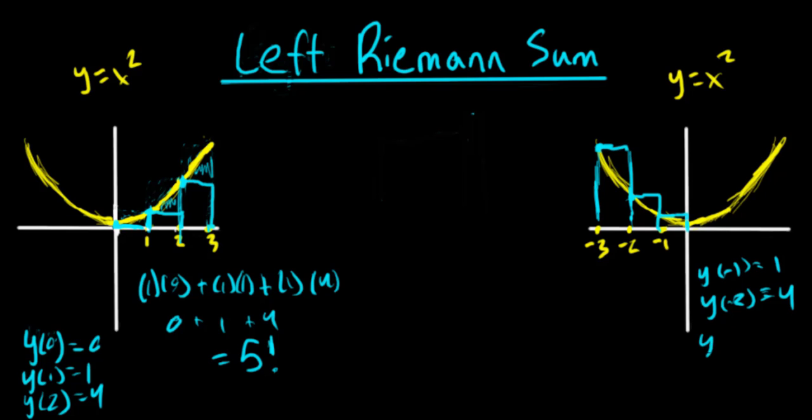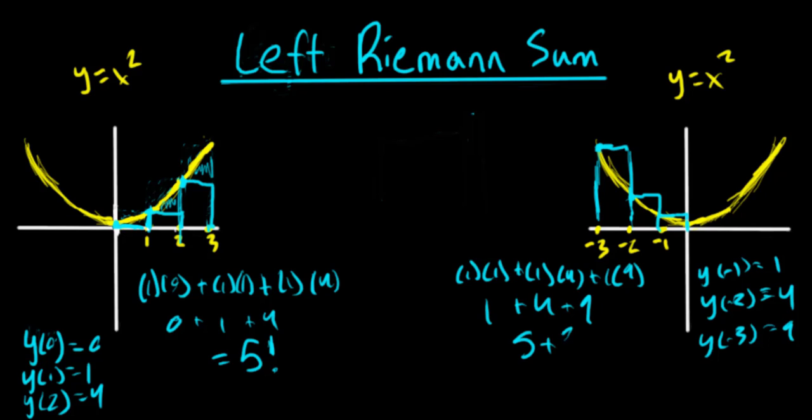And y at -3, when we square that, is going to be equal to 9. So we have the dimensions of all our rectangles: width 1 times length 1 plus width 1 times length 4 plus width 1 times length 9. 1 plus 4 plus 9, and we get 5 plus 9 is equal to 14.